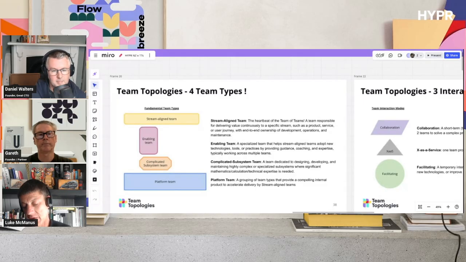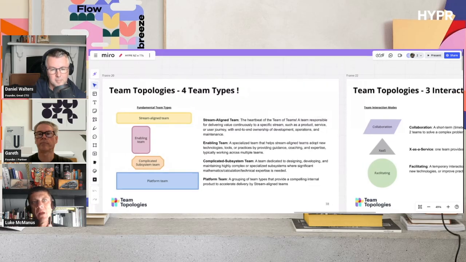A good example for today, I suppose, would be AI. How do you get all of our different delivery teams that work across different technologies, different stacks, different business domains to adopt a similar or common technology? That's where you'd use an enabling team.